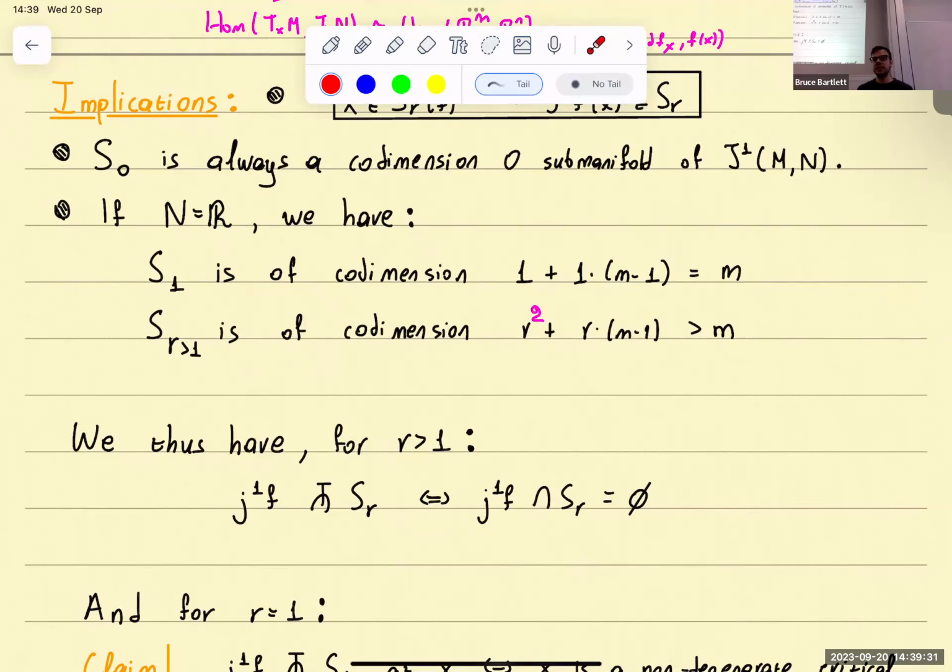Because if it had a non-trivial intersection, then by the transversality theorems the pre-image of this intersection would be a codimension SR submanifold of M. But the codimension of SR is bigger than the dimension of M, so I can't have that if R is greater than 1. So it's all about arguing about the empty set.